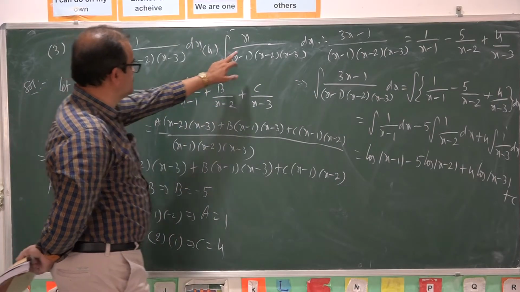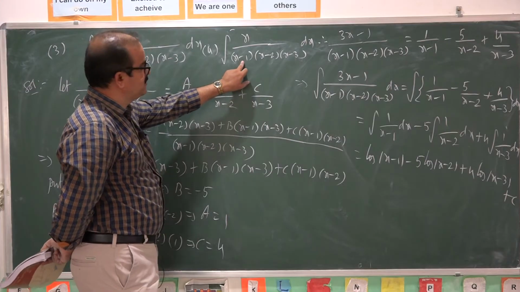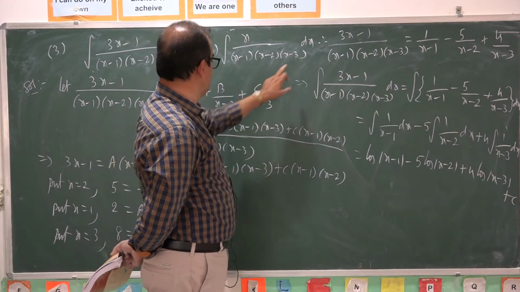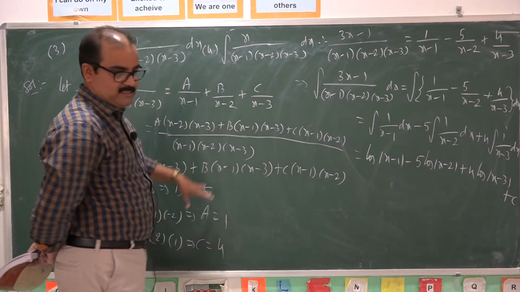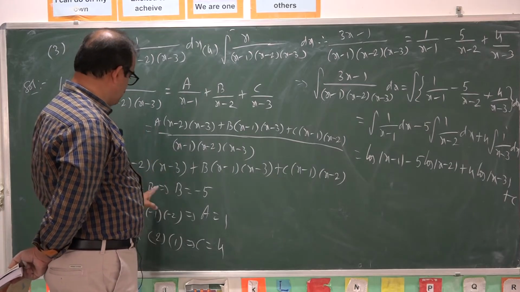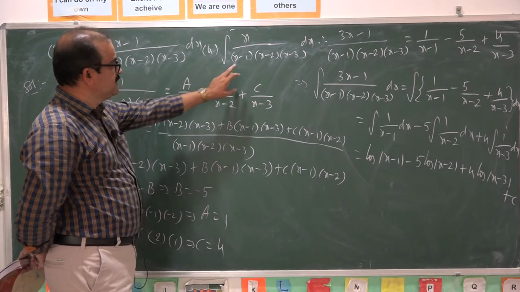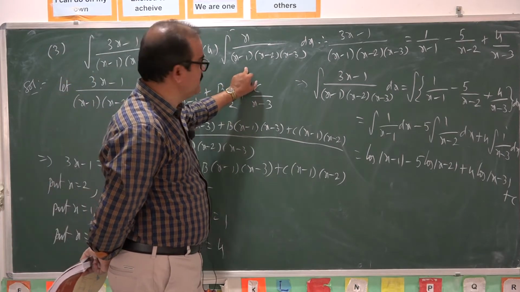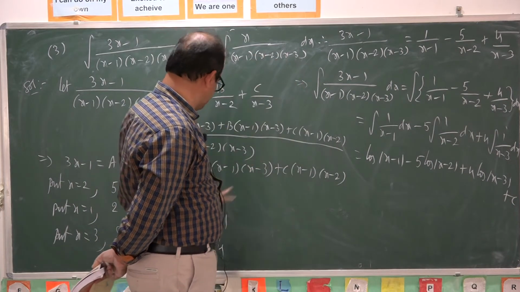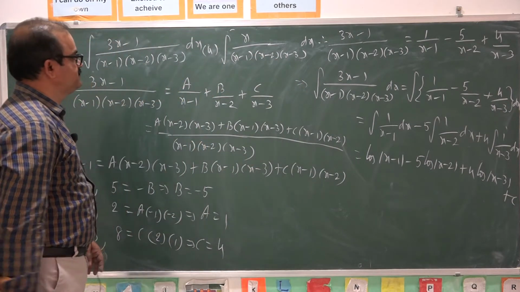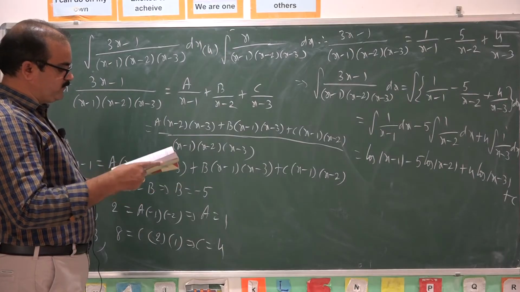Let this be equal to A by (x minus 1) plus B by (x minus 2) plus C by (x minus 3). In the same model, on comparing, find the values of A, B, C by taking x is equal to 1, x is equal to 2 and x is equal to 3. Try to do that problem 4.